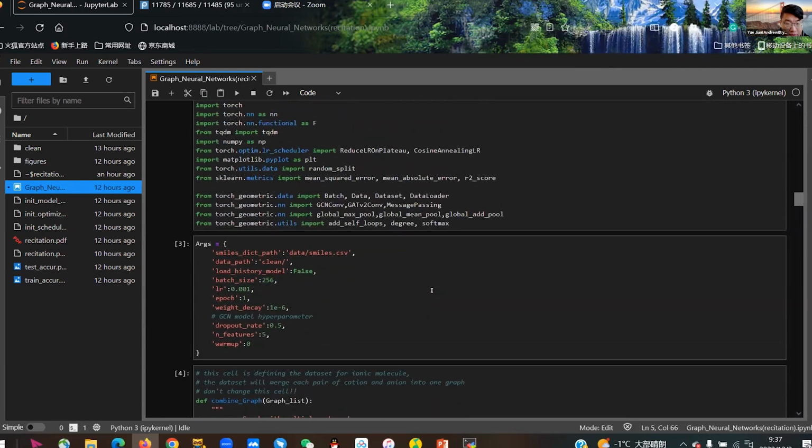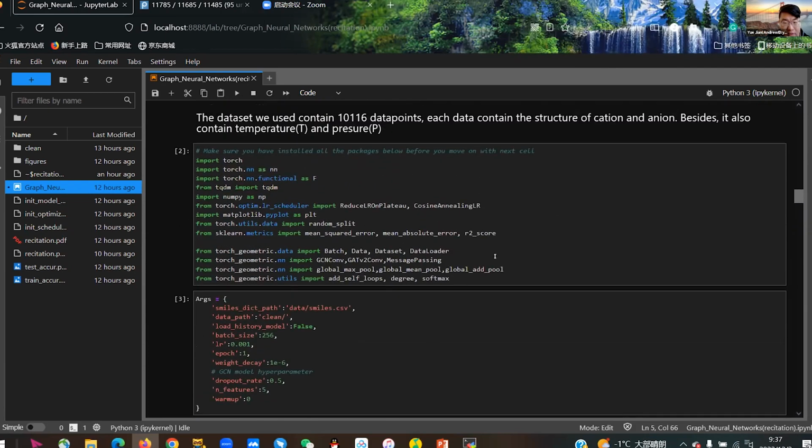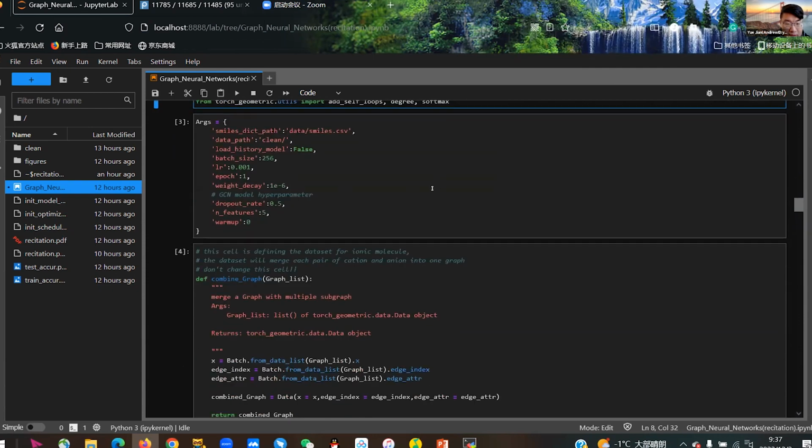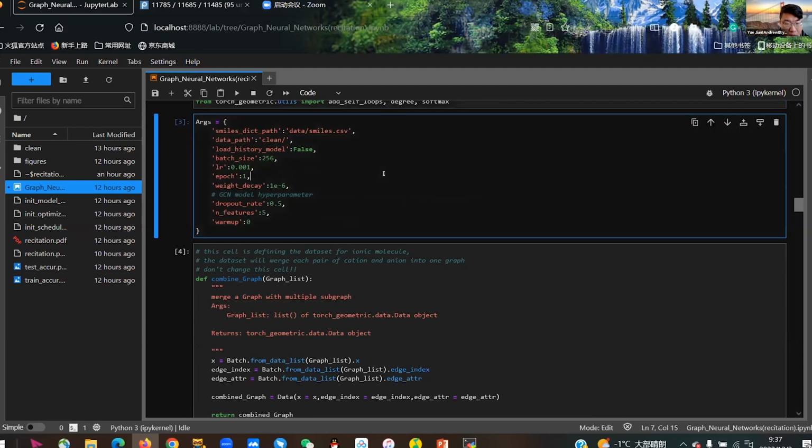As you can see here, you need to make sure that you install all of the packages listed in the cells. And here are some arguments. You don't need to change the data path arguments here, as long as you download the whole handouts.